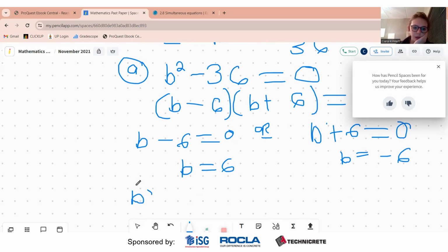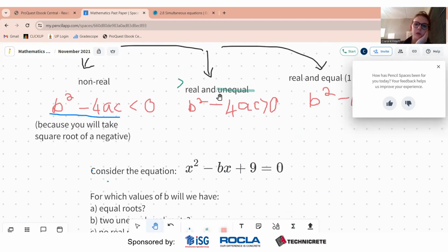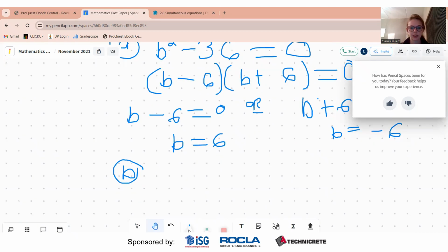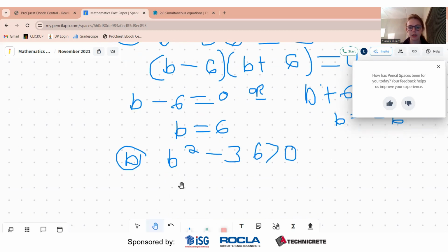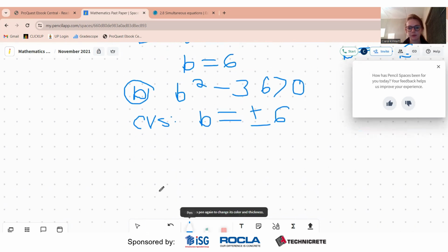Now for the case where I have two unequal but real roots, I need b squared minus 4ac to be greater than 0. So I will solve the inequality. I said b squared minus 4ac has to be greater than 0. In my previous video, I discussed how to solve quadratic inequalities. I've just solved this equation, so I have my critical values, which is b is equal to plus or minus 6. Now I set up my number line.